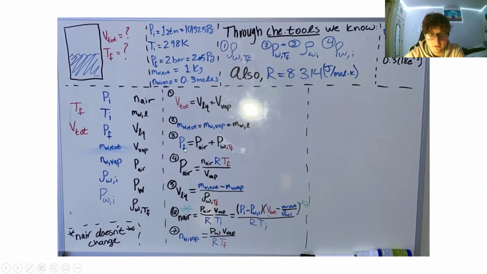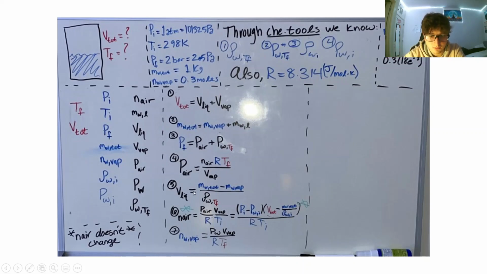Again, the final pressure equals the pressure of the air, which does not change, plus the pressure of the water in the end. Then the pressure of air equals the moles of air times R times TF over V vapor, just rearranging PV equals nRT.